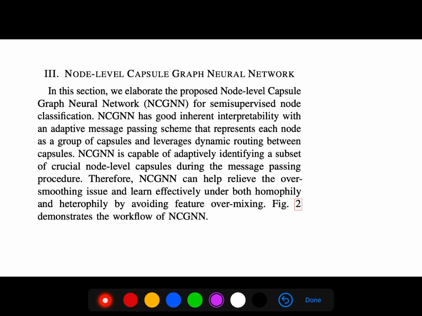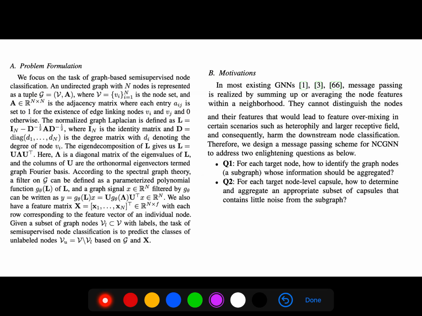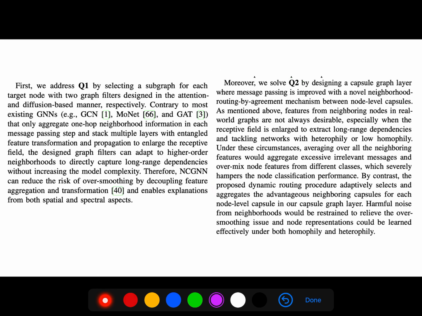So we elaborate the proposed method. We have two research questions. First, for each target node, how to identify the graph nodes whose information should be aggregated. The second question is, for each target node-level capsule, how to determine and aggregate an appropriate subset of capsules that contains little noise from the subgraph.